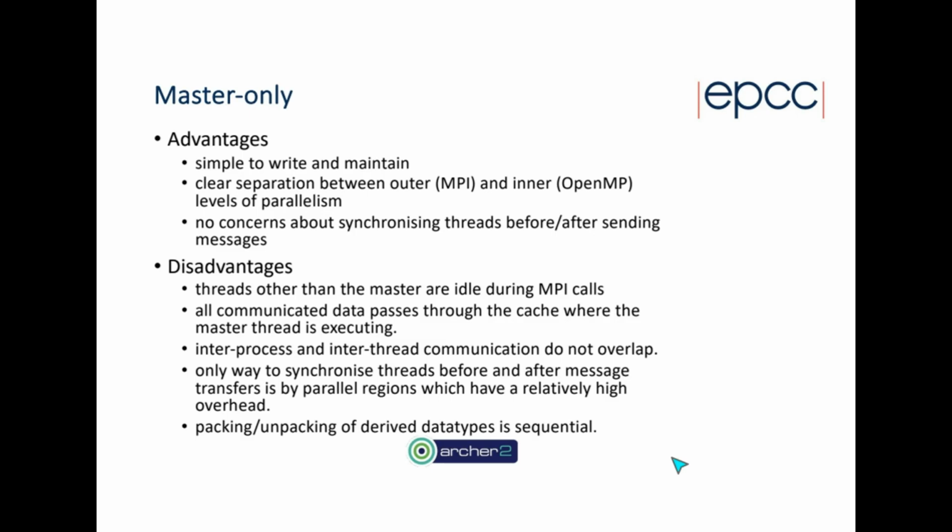So you cause cache-to-cache transfers. If some other thread has computed some data values, and the master thread is doing the MPI communication of those data values, then you have some internal communication via the cache coherency mechanism to get that data from one cache to another.